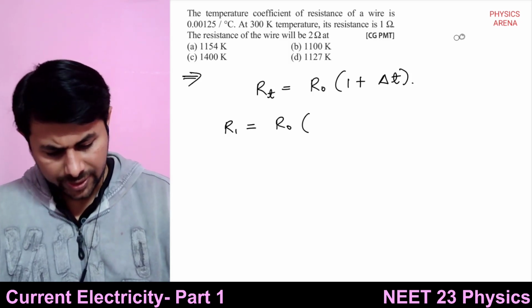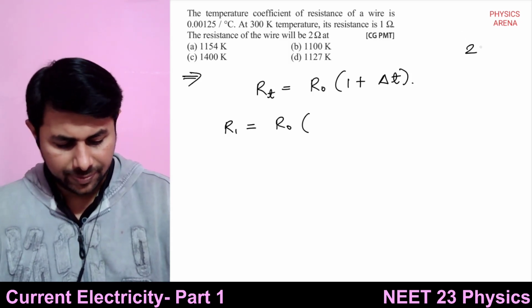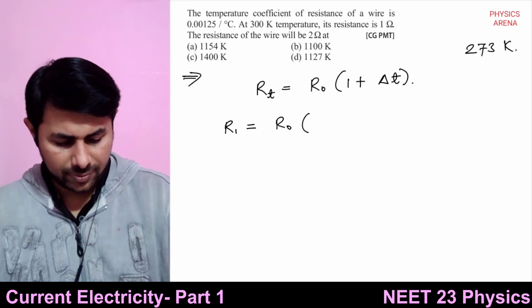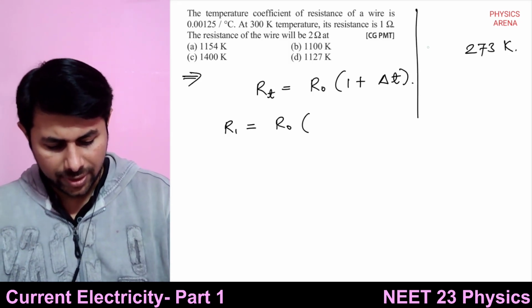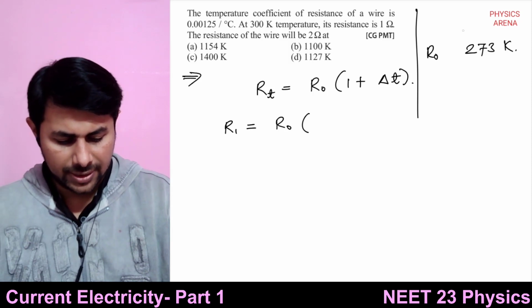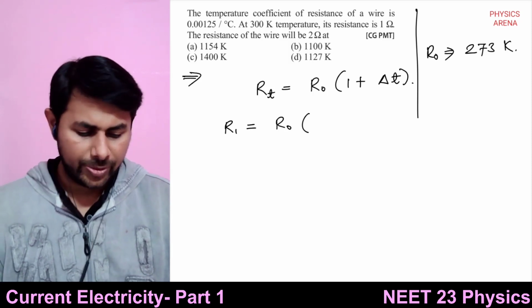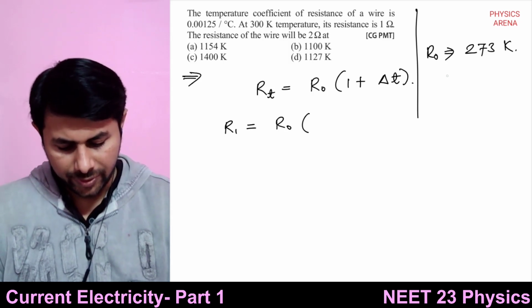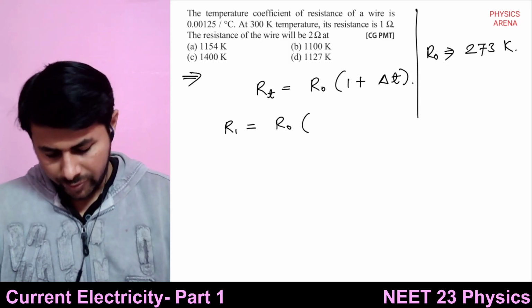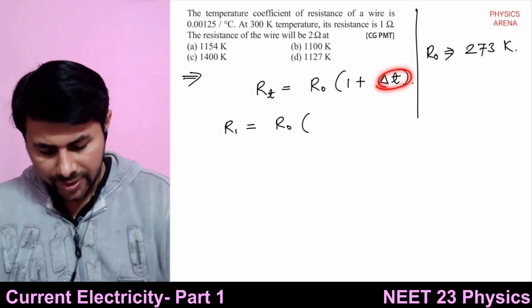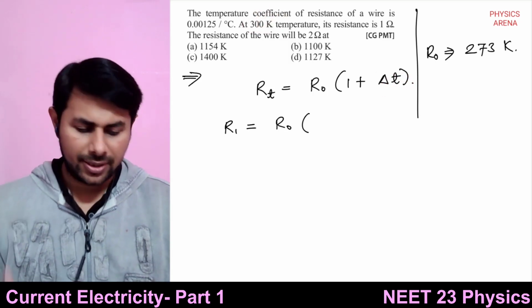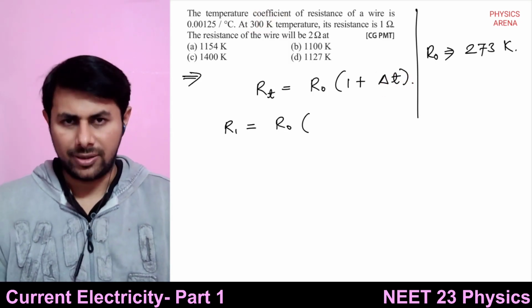0 degrees Celsius is 273 Kelvin. Right. So R naught is at 273 Kelvin. So what will be delta T for 300 kelvins? It is 300 minus 273.